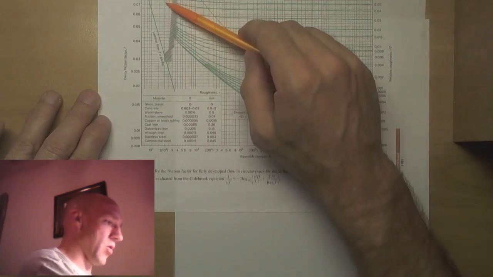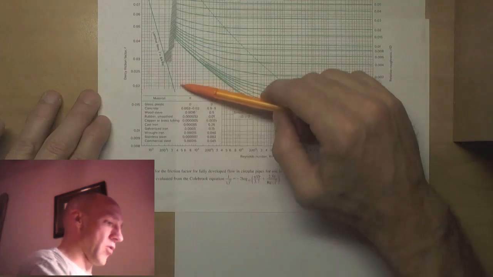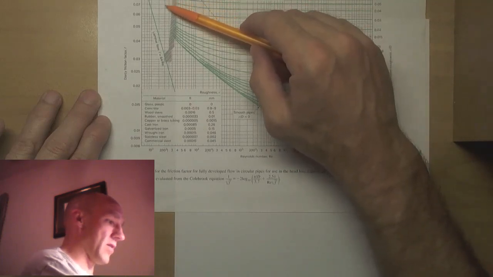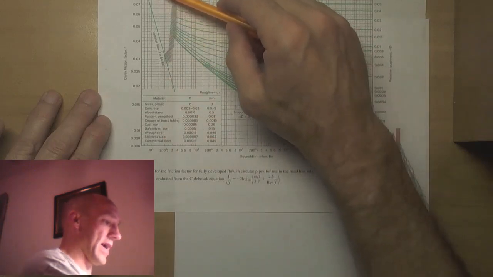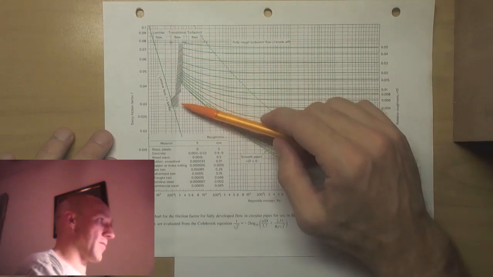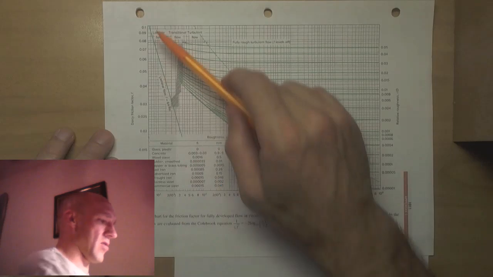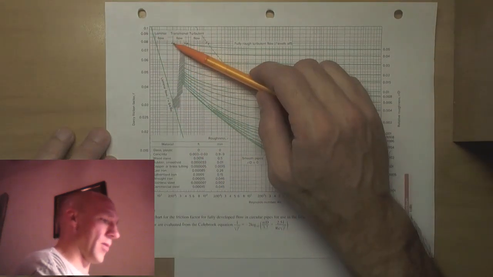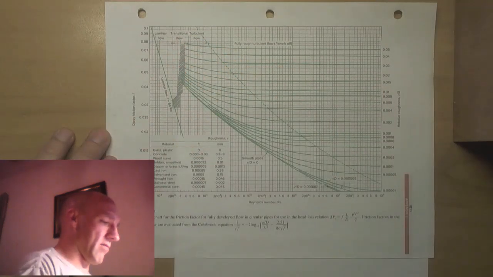At about 4,000, you see the turbulent flow beginning, and the transition between that and about 2,300. Then you see this green line representing the equation 64 over the Reynolds number. So there's a lot of information on here. If you get lost and you don't remember what laminar, transitional or turbulent flow is, you've got that.